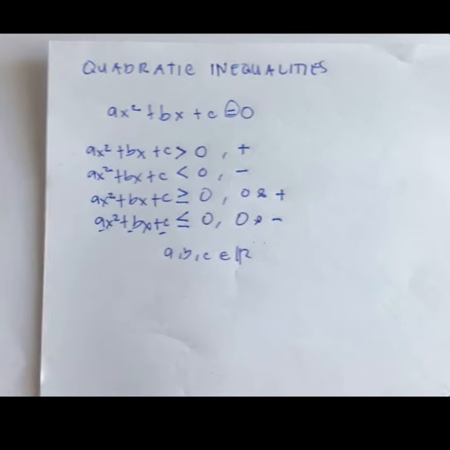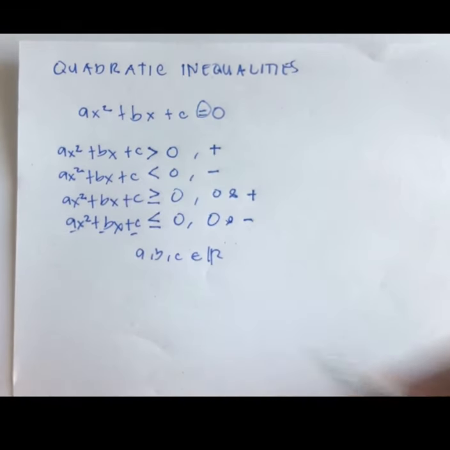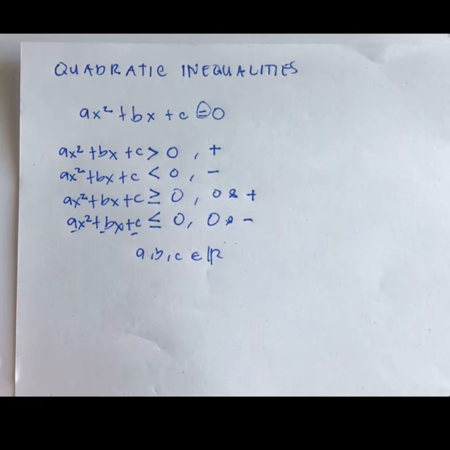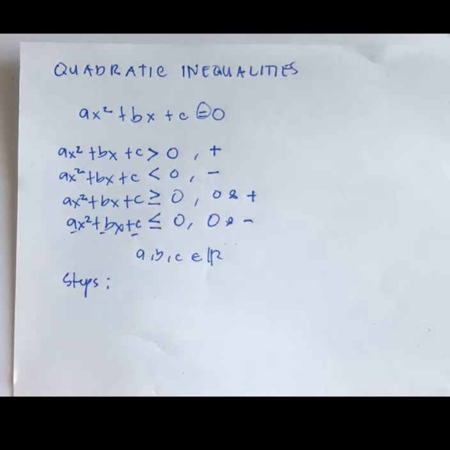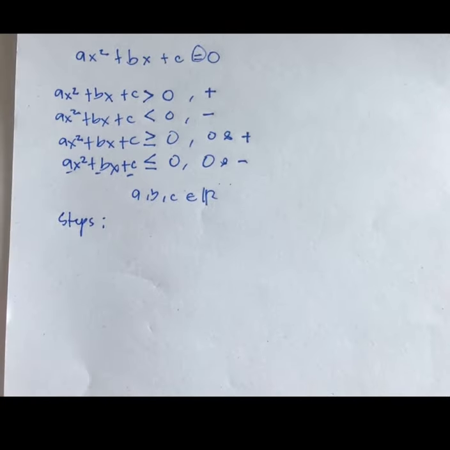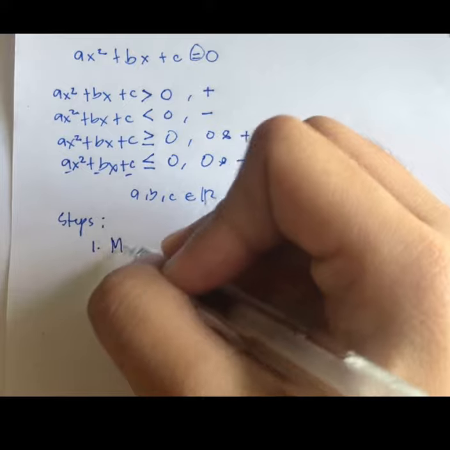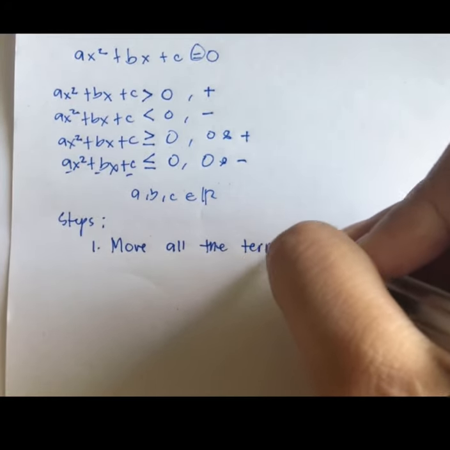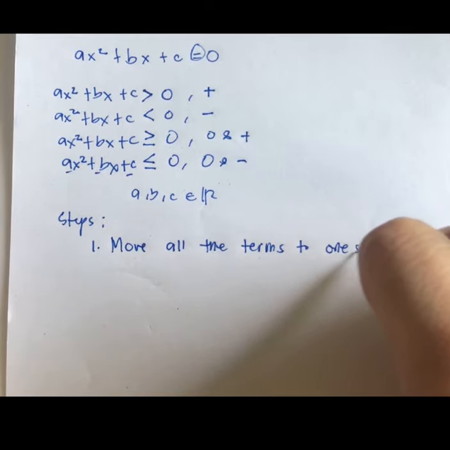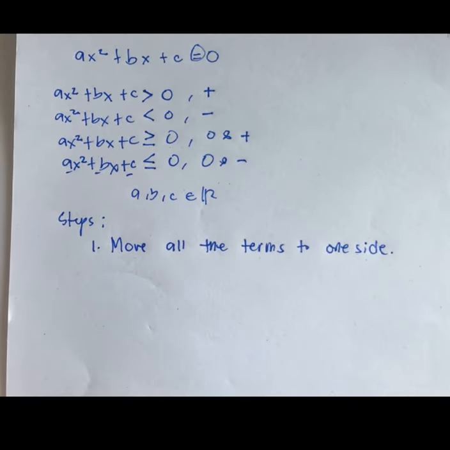What are those? Step number 1 is to move all the terms. I'll just write it down so it's easier for you to follow. Step number 1, move all the terms to one side.